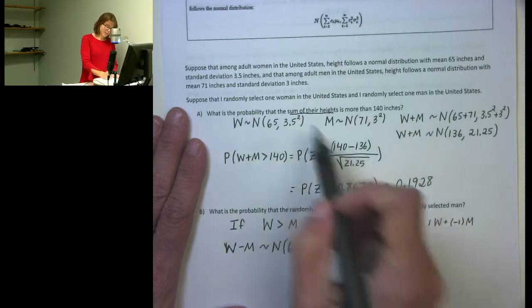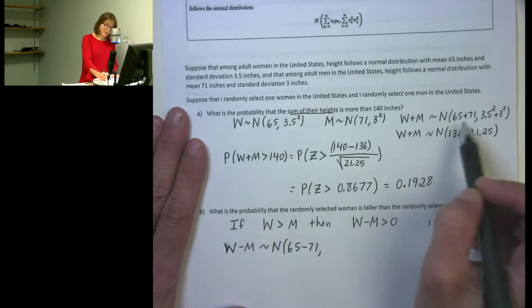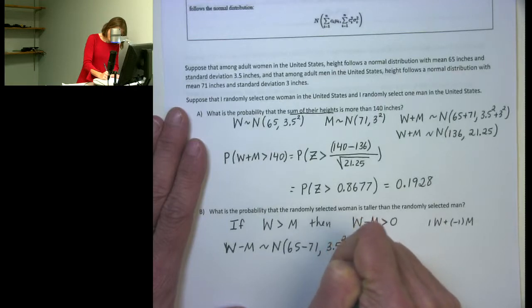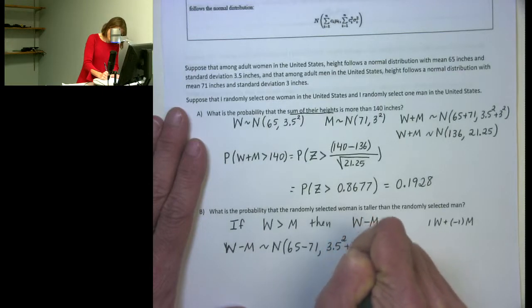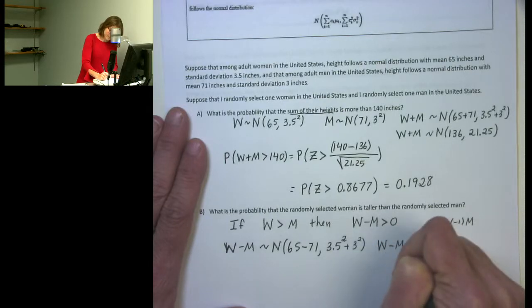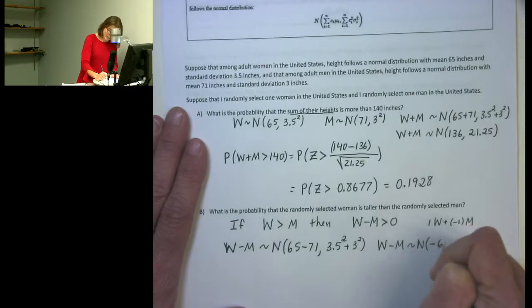The variance is going to be the variance here plus negative 1 squared, which is 1, times the variance here. So my variance of the difference is going to be 3.5 squared plus 3 squared, which means that this distribution is normal with a mean of negative 6 and a variance of 21.25.